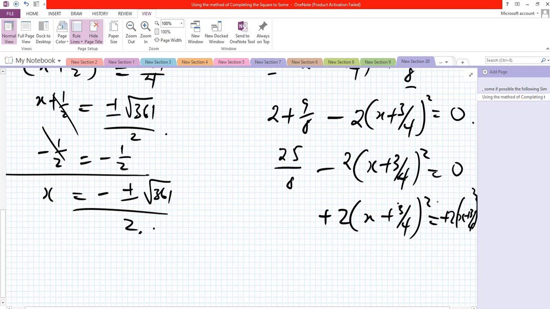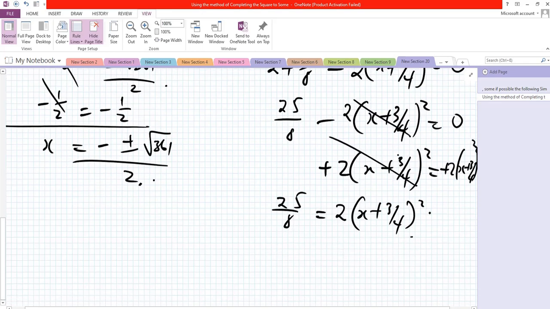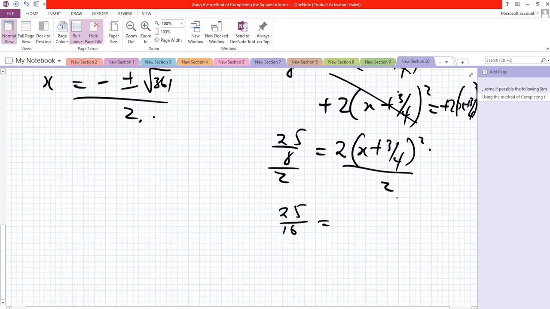Now this will cancel out this, so it will now be 25 over 8 is equal to 2 bracket open x plus 3 over 4 all squared. Now dividing both sides by 2, you now have 25 over 16 equal to, cancel out this, you are now left with x plus 3 over 4 all squared.